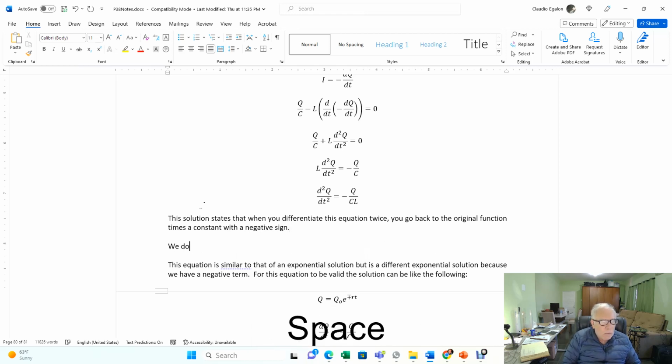We do know that the exponential behaves like that. If we differentiate the exponential once, you get back the exponential again, times a constant. If you differentiate the exponential twice, we still get the exponential with another constant, right?